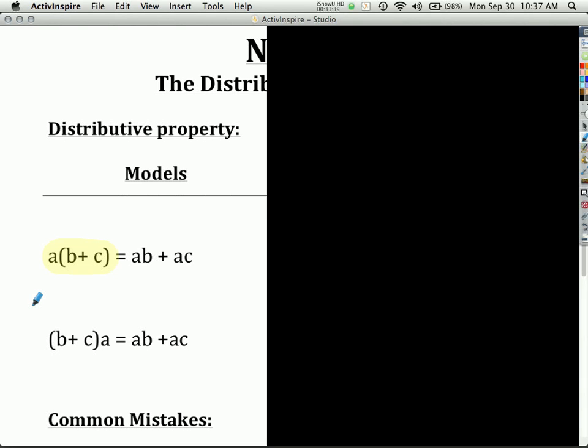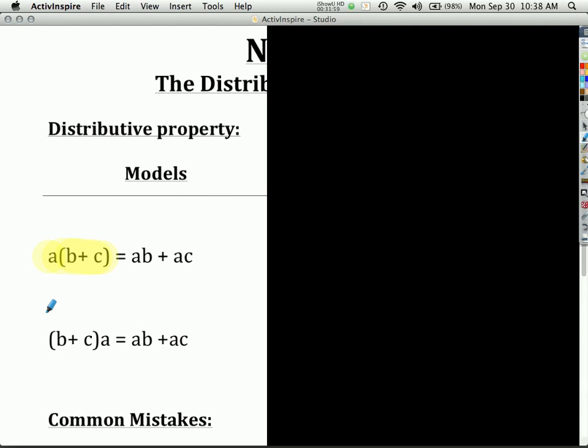Also, you will always have a number or a letter outside the parentheses, and you will always have an addition or subtraction problem inside the parentheses. And that's what the distributive property is. It's a special case that you have to learn how it works.